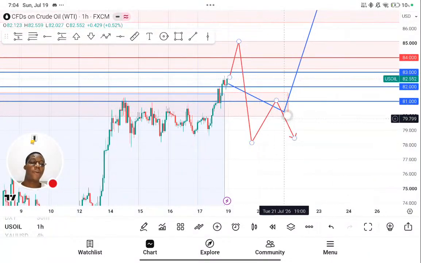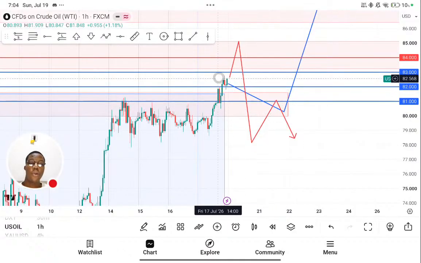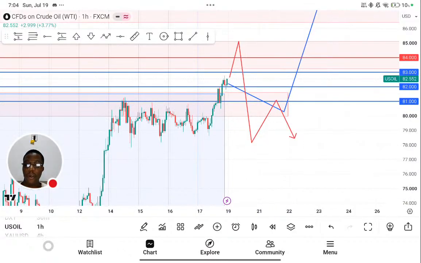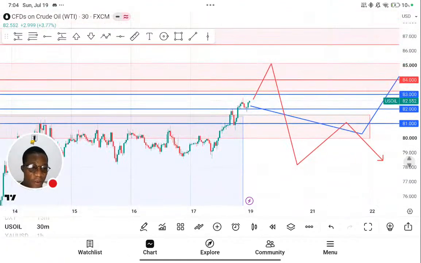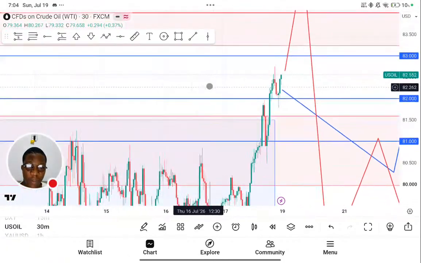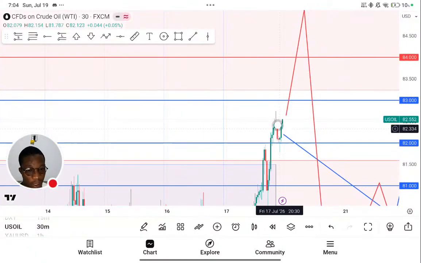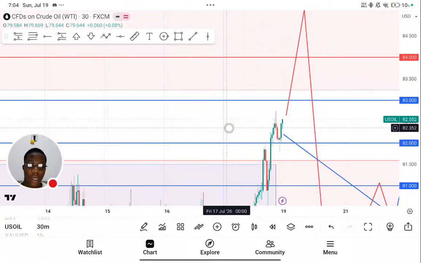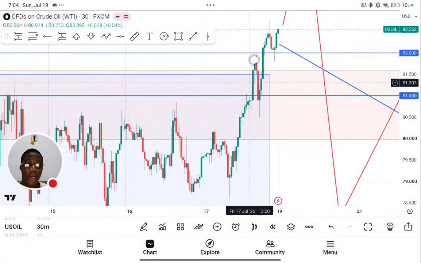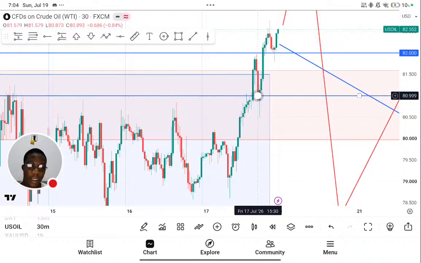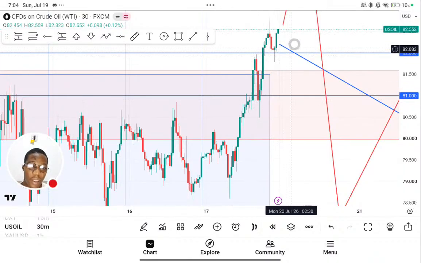Watch out for this particular zone, 81. We are waiting for a retest, but it looks like it has already started buying, because if the buy is aggressive, the buyers are already active. Before last week on Friday, it retested the level, made another high, and is retesting it.